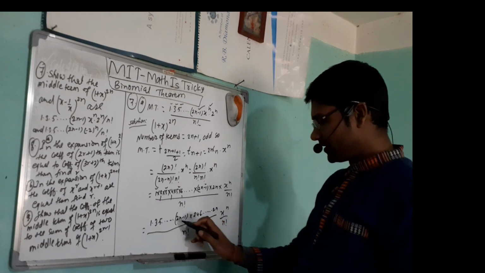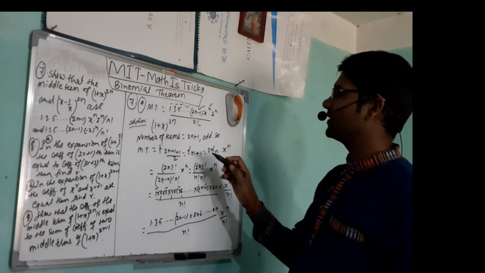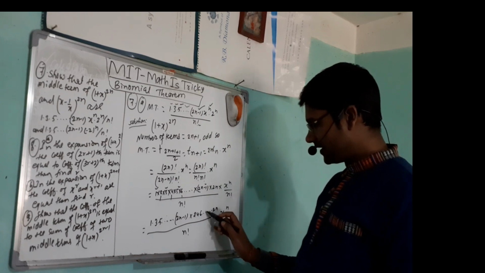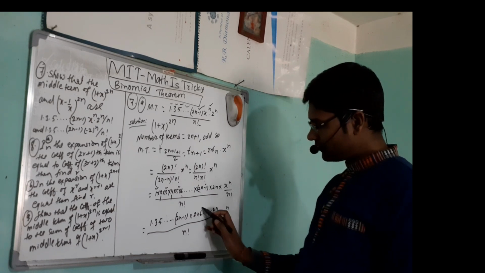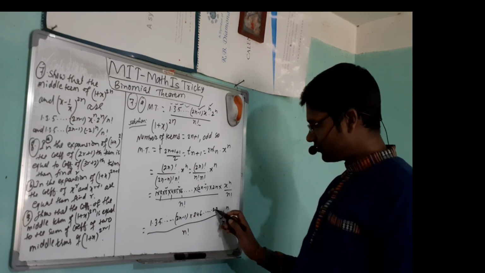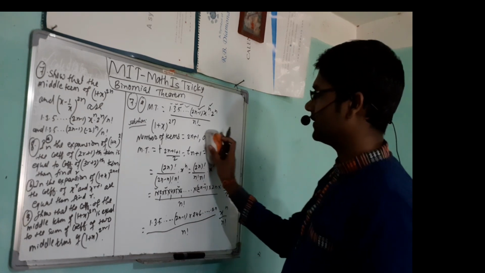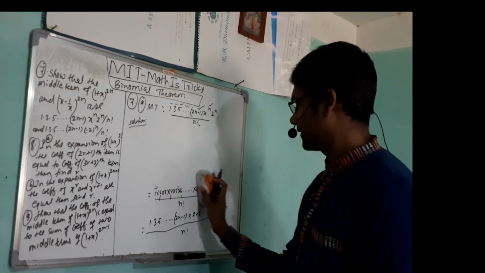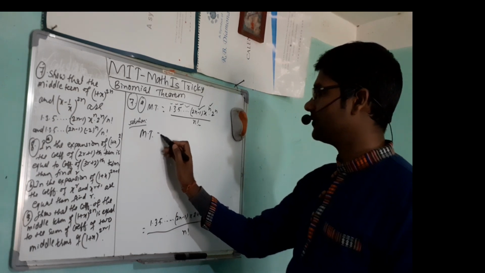Now we need to just balance this, 2 into 4 into 6 into 2n. What we can do here, from this 2 into 4 into 6 ... into 2n, we can take 2 common, so that we'll be getting here the middle term.